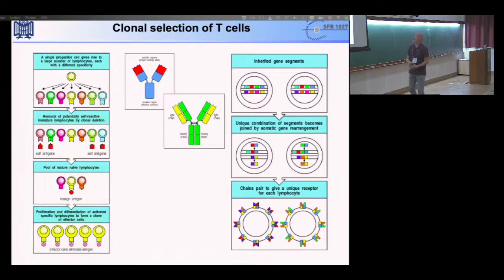So when a T cell is produced, these gene segments are stochastically reshuffled. And that then produces affinities for sequences which do not occur in your body. That's essentially the idea.